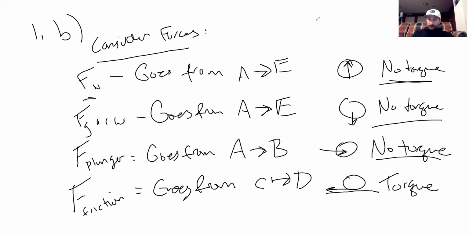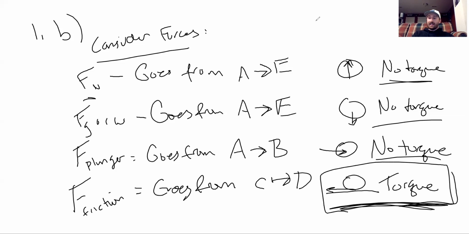So therefore, angular momentum is not conserved through this portion, and so you're going to want to check C to D. Okay, so that's 1B. Is that it for that question? Yeah, that's it for that question. So let's clear this, and then let's go to number 2.